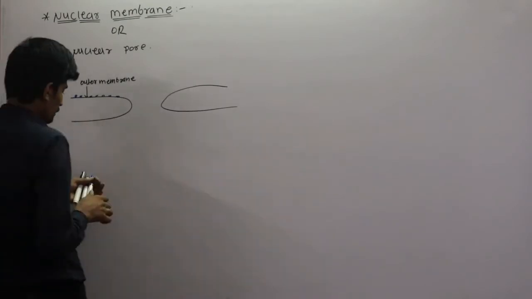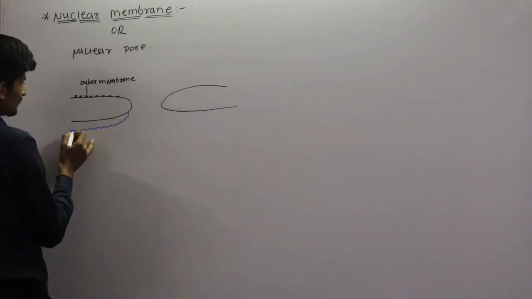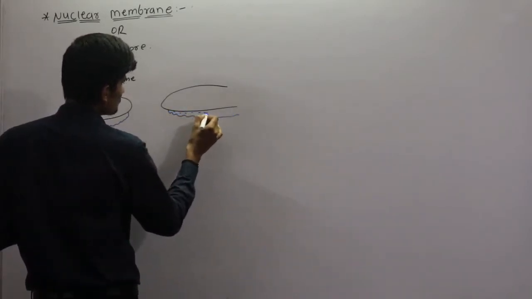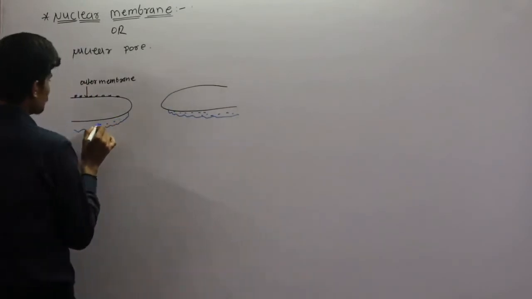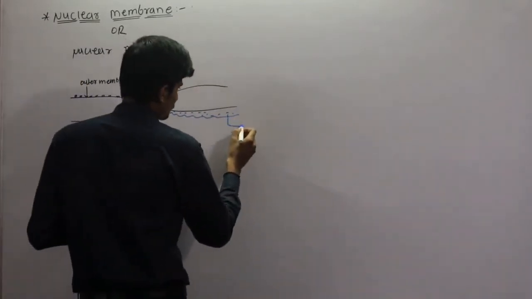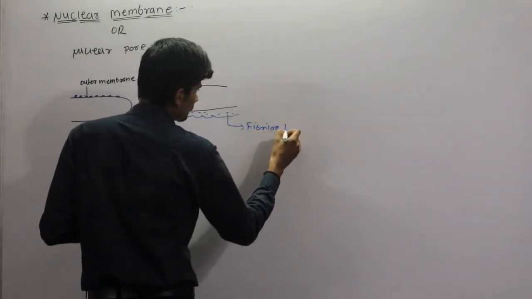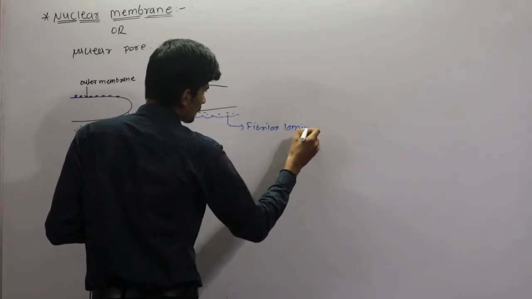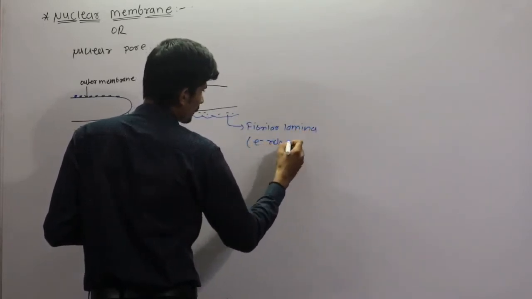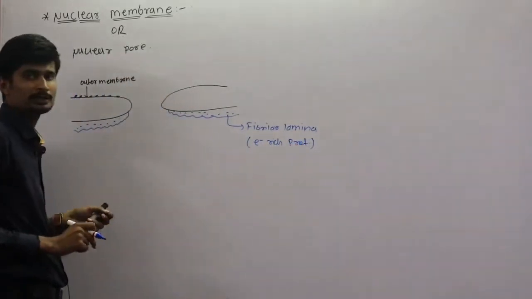There is one extra layer present inside this inner membrane, which is called the fibrillar lamina, which is made up of electron rich protein.